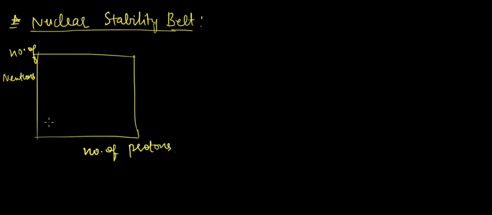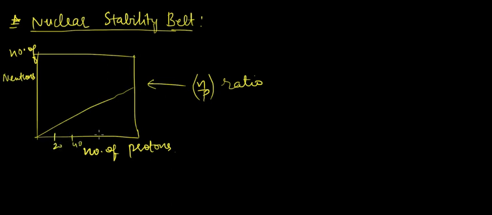This curve should ideally be the n by p ratio. Let's mark the axes as 20, 40, 60 and 80, and here as well 20, 40, 60 and 80.